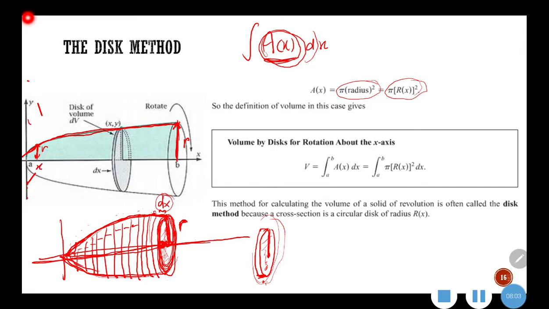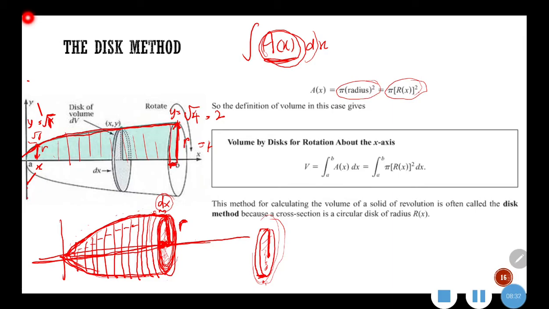Let's say this curve is y equals square root x. So if let's say the arc here is 1, x there is 1, so it means its height here is square root 1. Let's say the arc here is 4, so it means arc is equal to 4, its height now is square root 4 equals 2. See? Okay, what is changing is the height, whereas the radius here is constant.